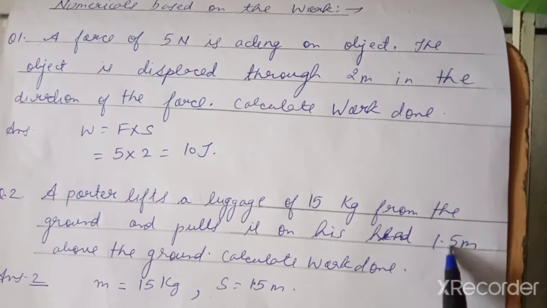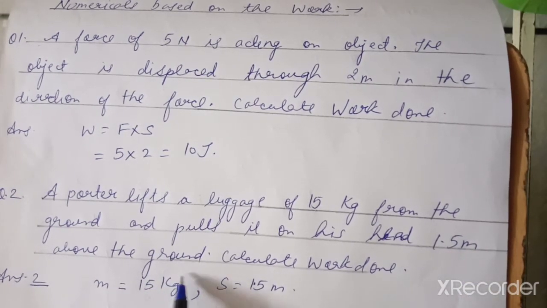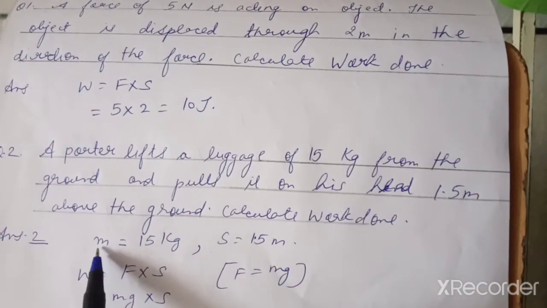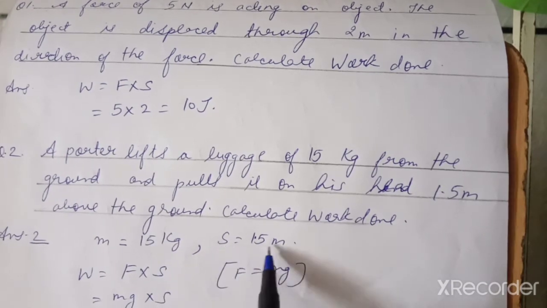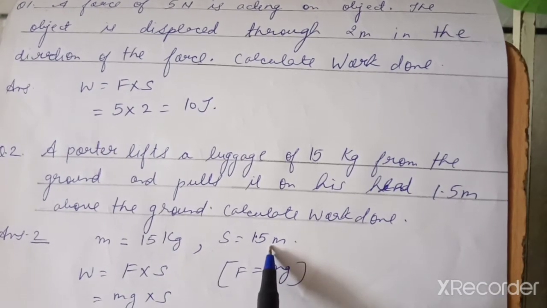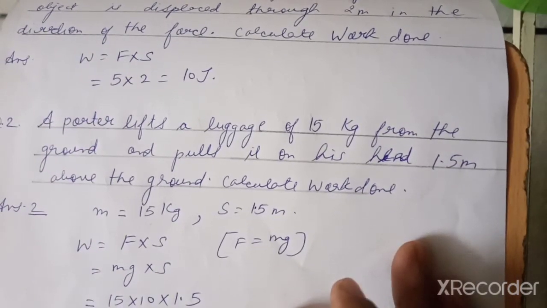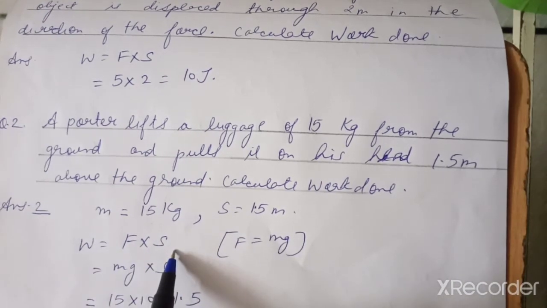What you have to calculate is the work done. The given conditions are M equal to 15 kg, S equal to 1.5 meter. Now we know the basic formula, W equal to F into S.